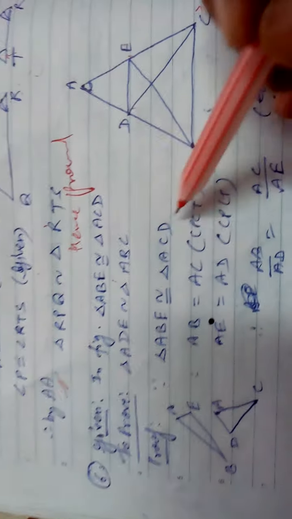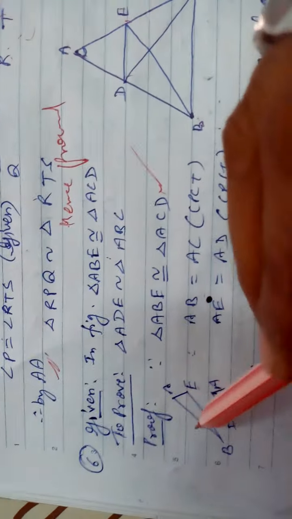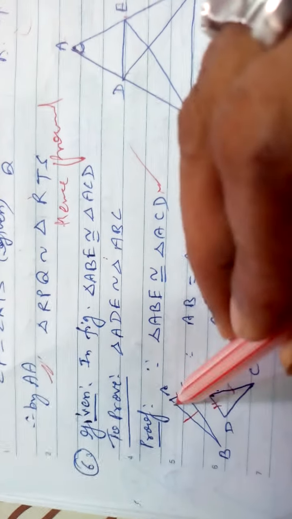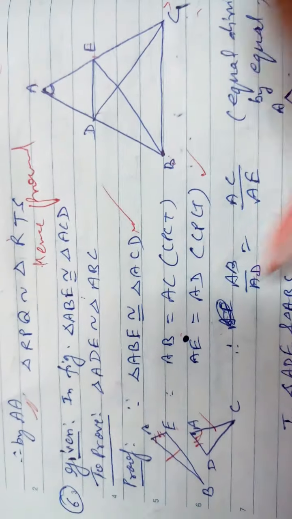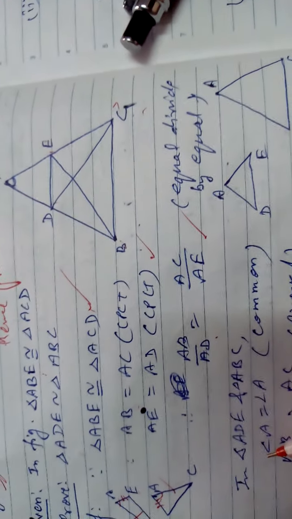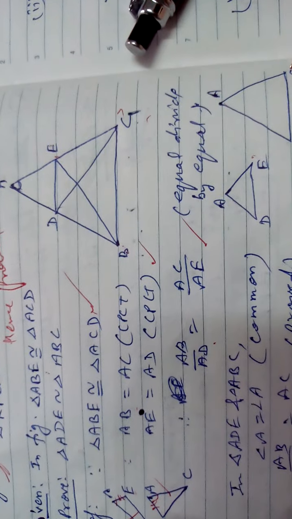Very simple, because it is a congruent, these two triangles. So this side AB equal to AC by CPCT and AE is equal to AD by CPCT, angle A is common. So equals divide by equals, then the results are also equal, axiom. So in triangle now you take ADE and ABC.